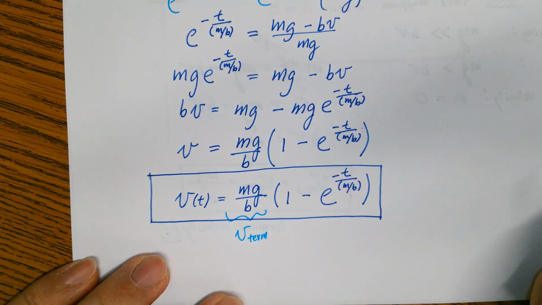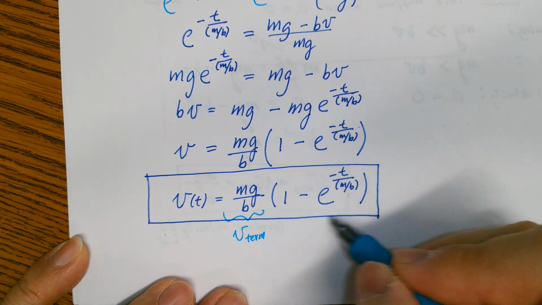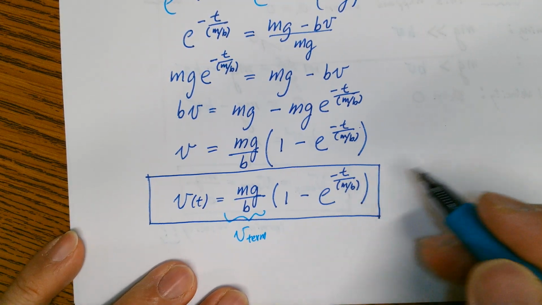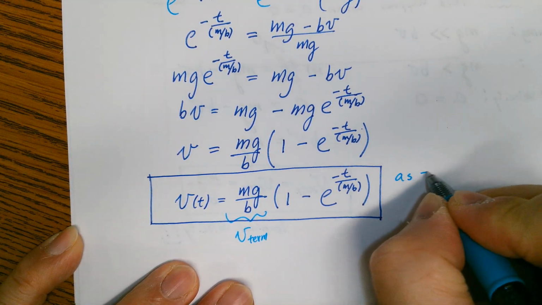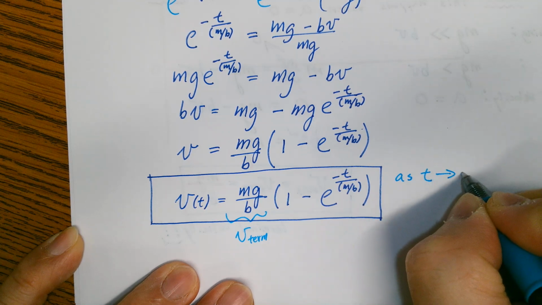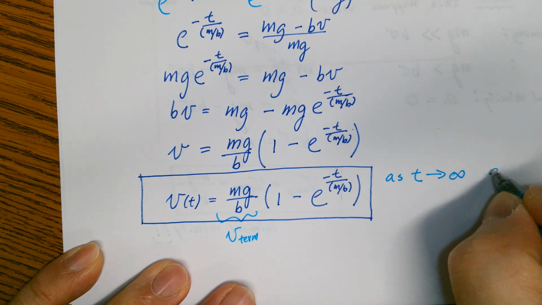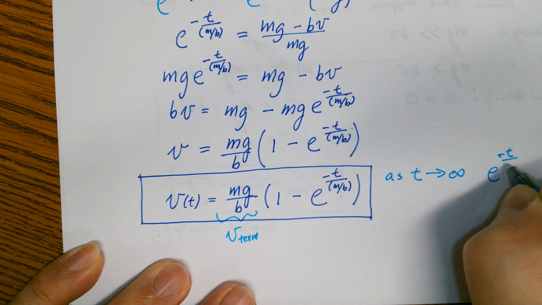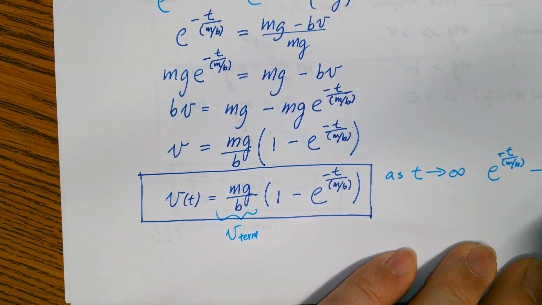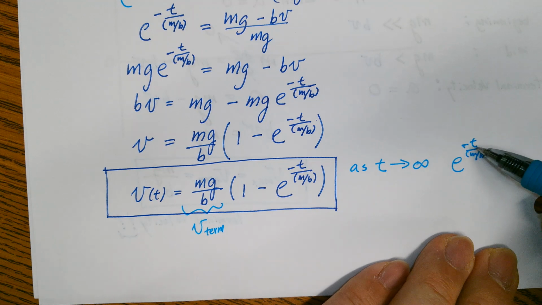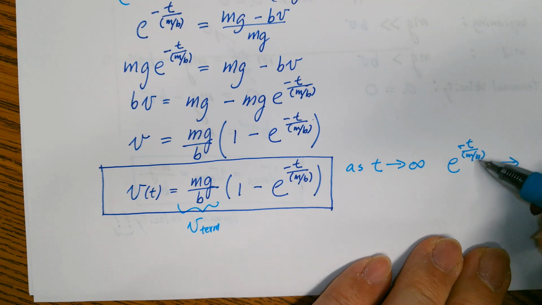So what happens as t approaches infinity? If you take a look here, as t approaches infinity, or a large number, e to the negative t over (m over b) goes to what? This is the same thing as 1 over e to the positive t over (m over b).